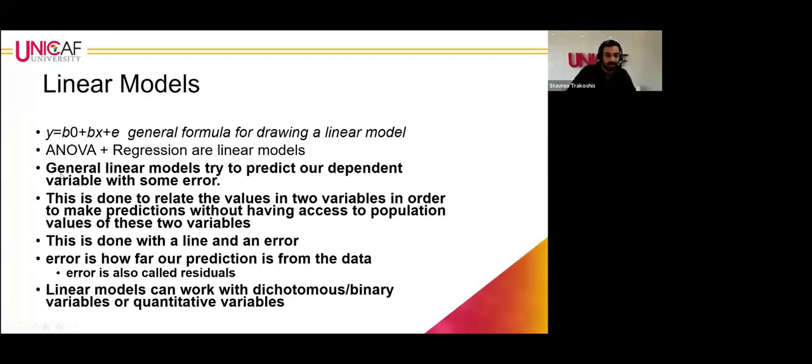Okay, and the idea is that with this line, I can predict the dependent variable.